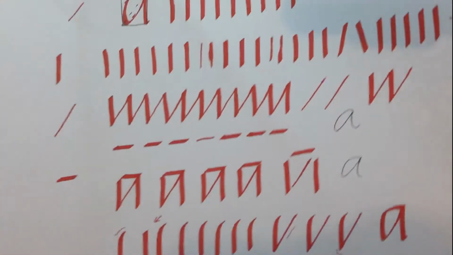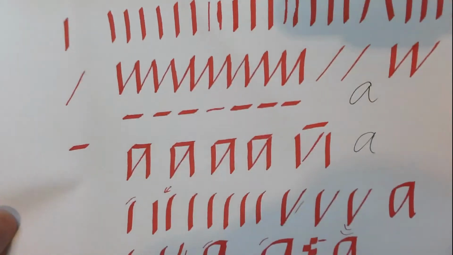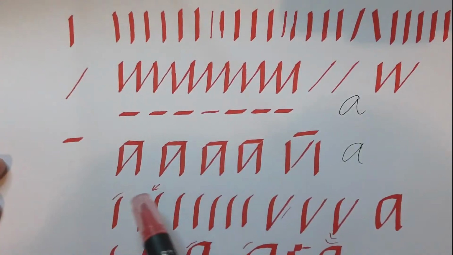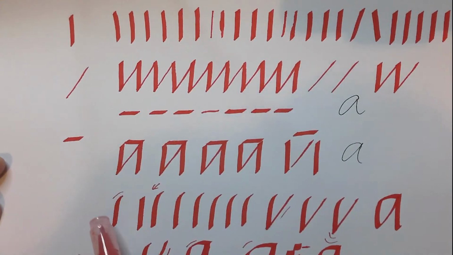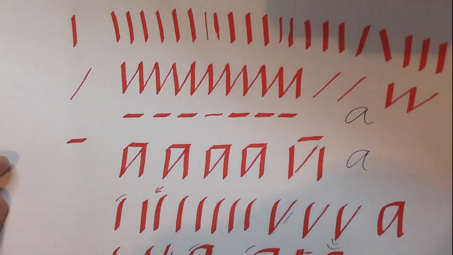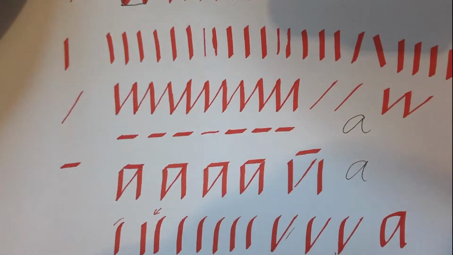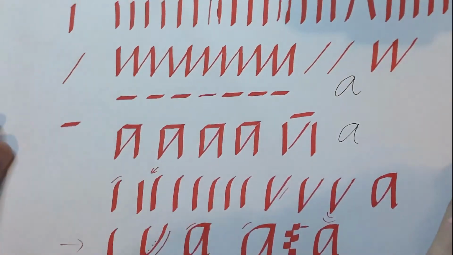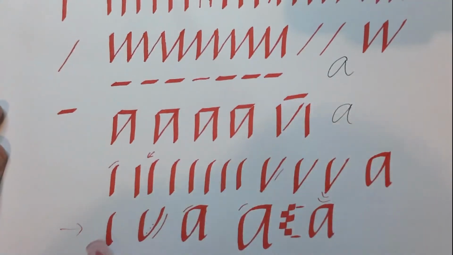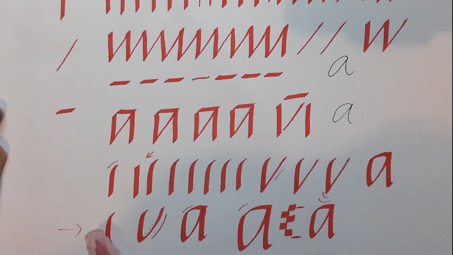Then we do the same thing except that we're curving the vertical stroke at the beginning, just a little bit, and we're also curving the bottom of the vertical stroke over here, and we're curving the diagonal.